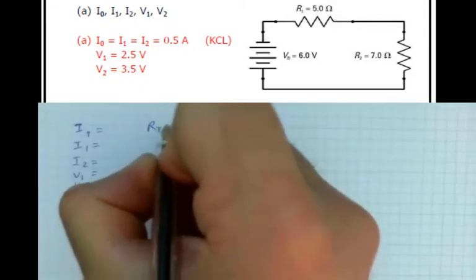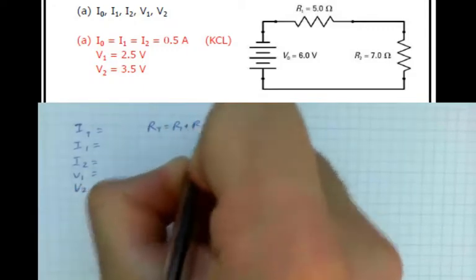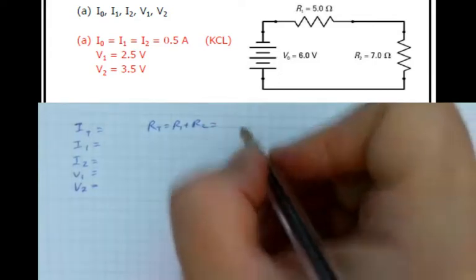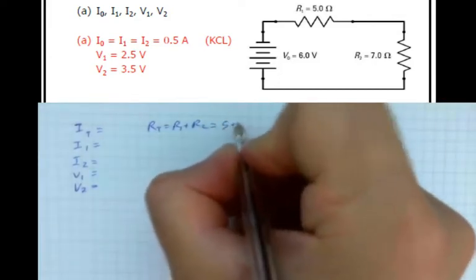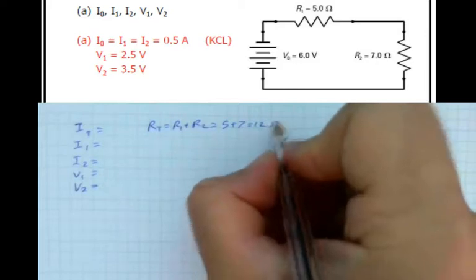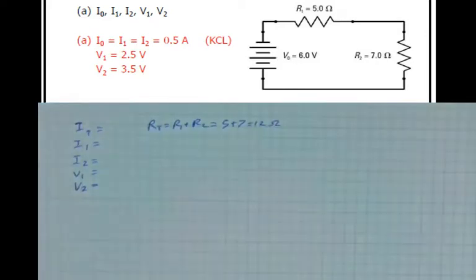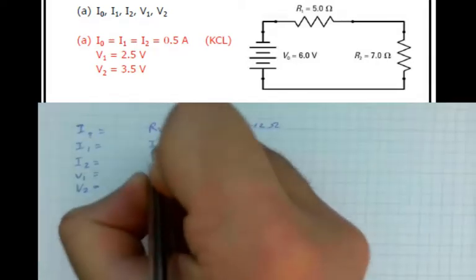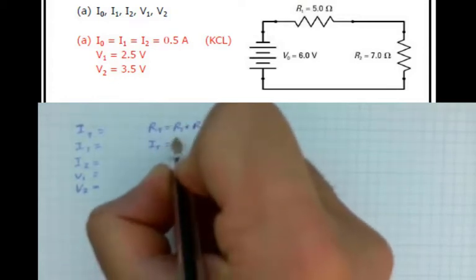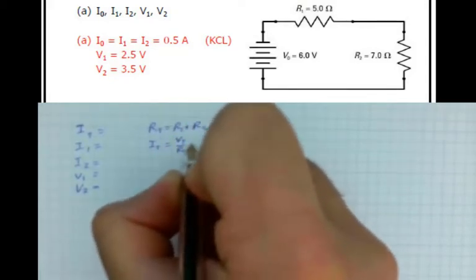So RT equals R1 plus R2. In this case, that's going to be 5 plus 7, which is 12 ohms. Next, we can find IT. It's going to be VT over RT.